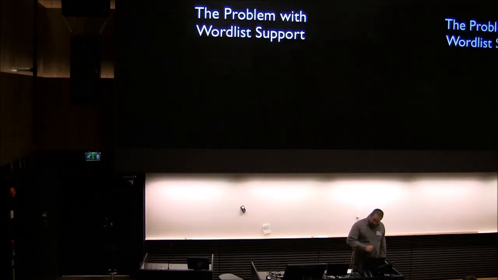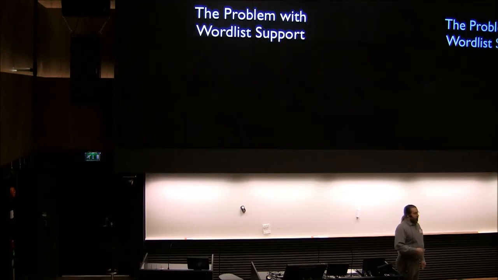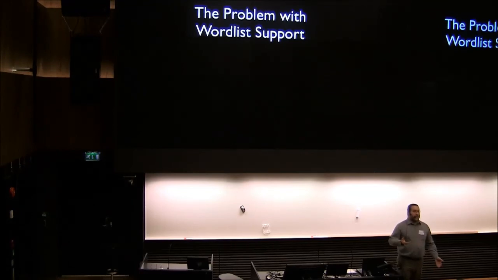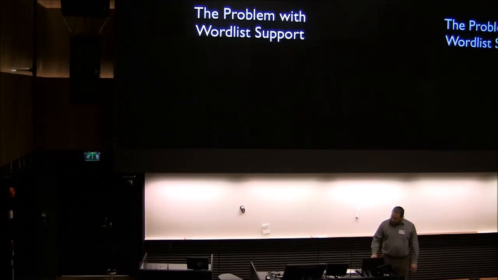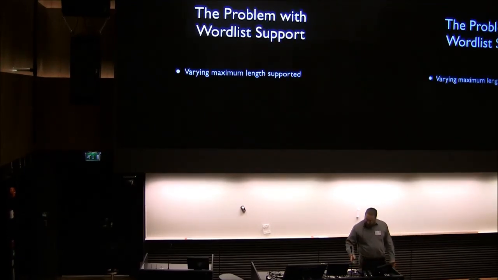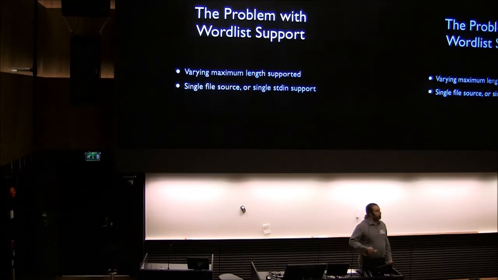Next, I'm going to talk about the problem with word list support in some of the existing tools. And this is actually very, very relevant to the other talks today that are talking about creative ways to guess passwords. The problem has been that varying maximum lengths are supported.